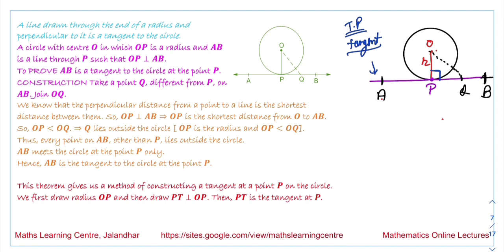Now similarly we can take another point Q dash, moving towards P, and we have joined O and Q dash.